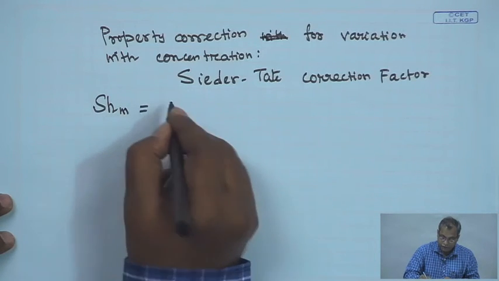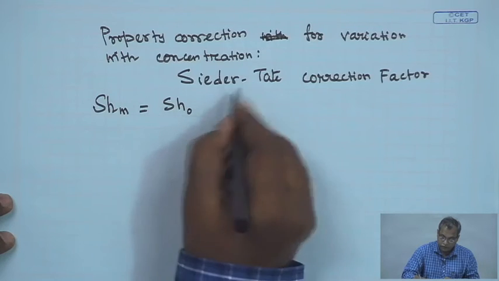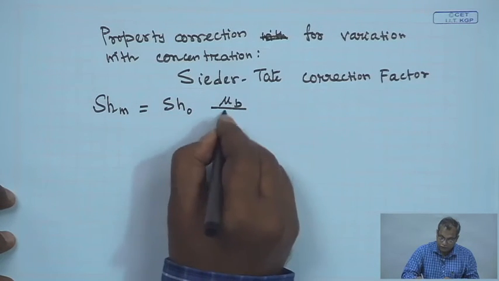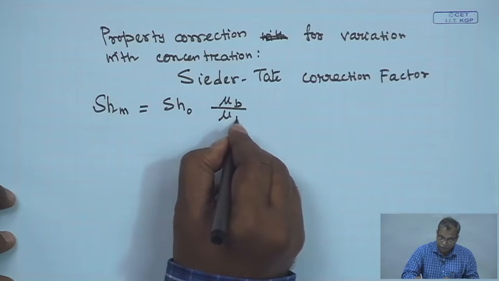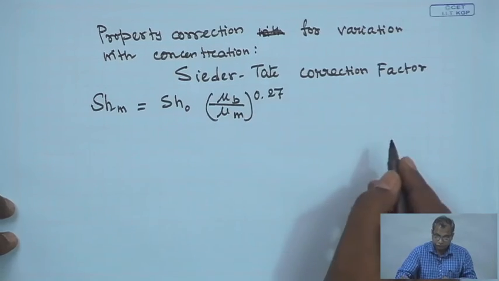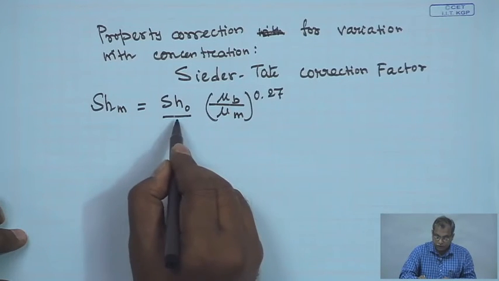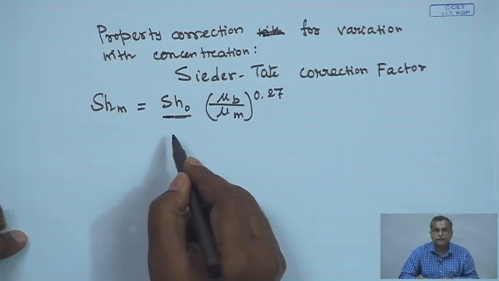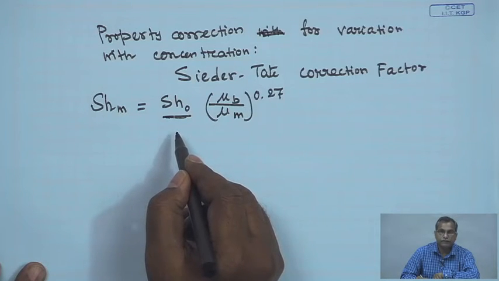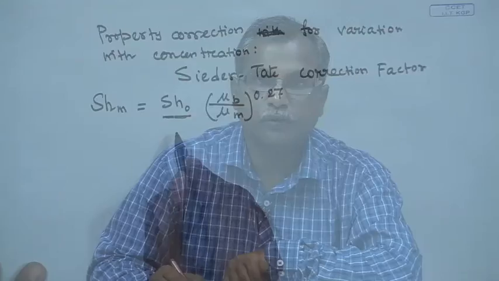The modified Sherwood number is Sherwood naught times mu bulk divided by mu at the membrane surface, raised to the power 0.27. What is Sherwood naught? Sherwood naught is the basic Sherwood relationship that we have already discussed. For the Leveque equation for laminar flow through a rectangular channel, Sherwood naught is 1.85 times Reynolds Schmidt dE by L raised to the power 1/3.